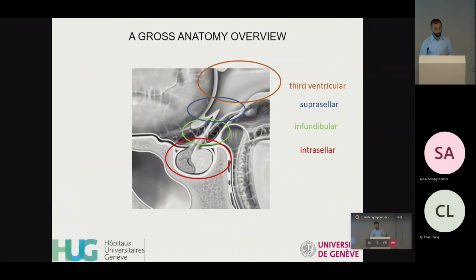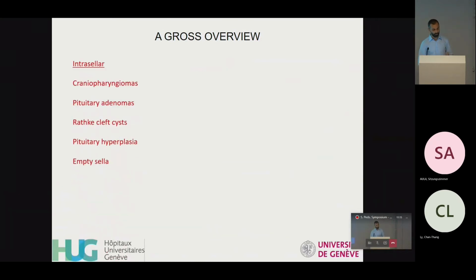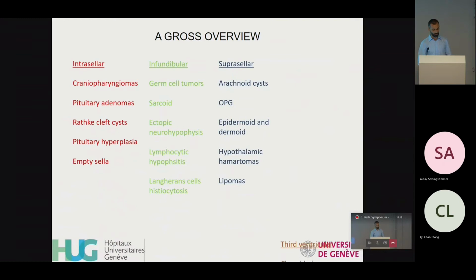So this is an overview, and inevitably I have to give you lists. We won't go through each one of them because there's too much to talk about. We won't talk about craniopharyngiomas because we would spend the whole day. But I would like to give you a few facts about other lesions that you might find in kids in the sellar and suprasellar region, going through this order of intrasellar, infundibular, suprasellar, and third ventricular.